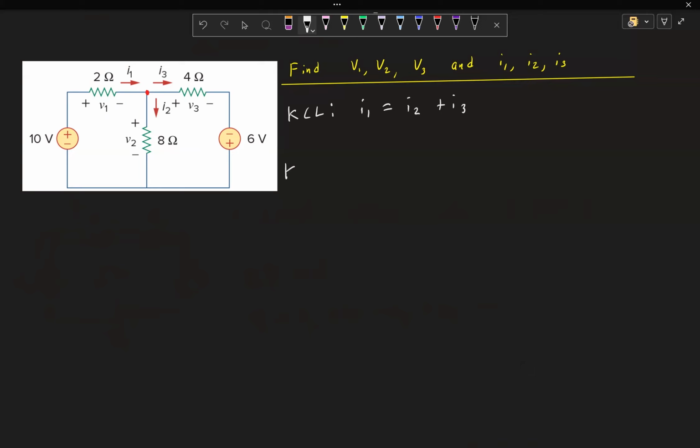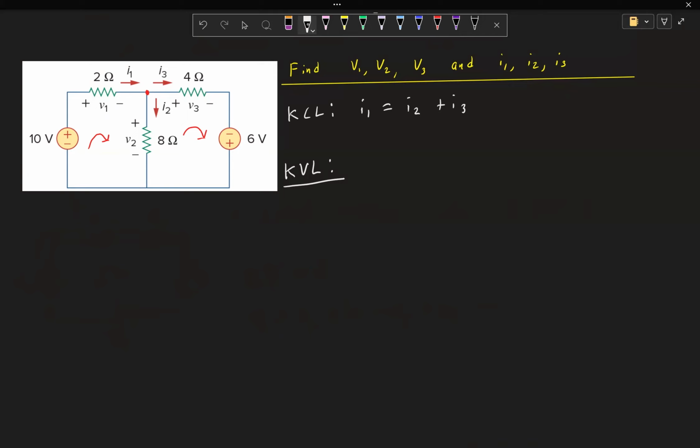Pretty simple. Now, if we do our KVL, we have two options here, because see how we have two loops? We've got this loop and this loop. So what you're going to want to do is write in a direction. Again, I always go clockwise. You can go counterclockwise. It doesn't matter. And then you just apply your KVL. I'm going to do the left one first.